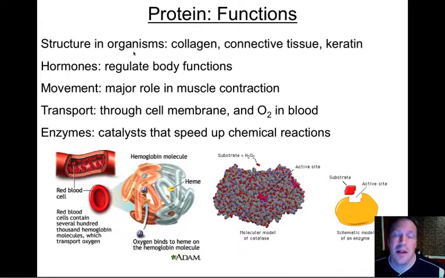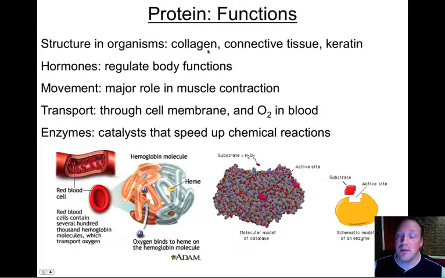Proteins form major structural parts of the bodies of organisms. If you look in the mirror, what you're seeing mostly is protein or the result of the action of protein. Your skin and the muscles underneath your skin, when you're looking at yourself in the mirror, have a lot of collagen in it.